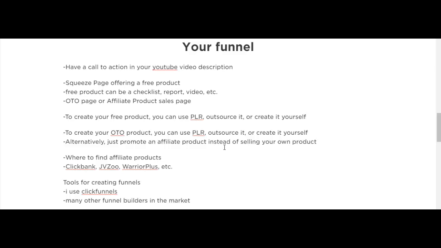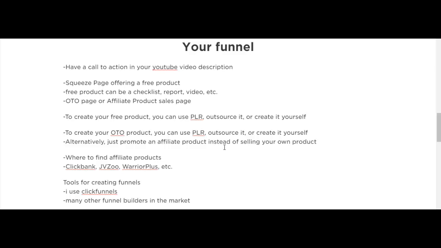You could just say in your description, click here to find out what the best tools are for buying Bitcoin and other types of cryptocurrency. Okay, so obviously the product has to be related to the topic of the video. So when they click on the link, they get brought to your funnel.